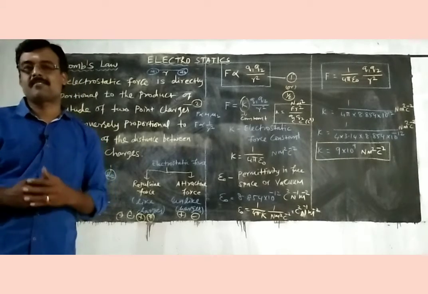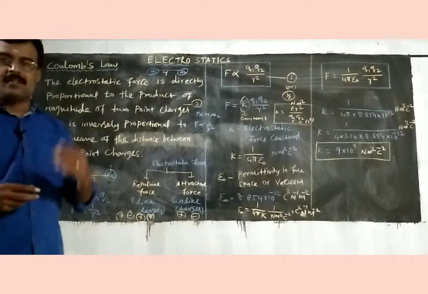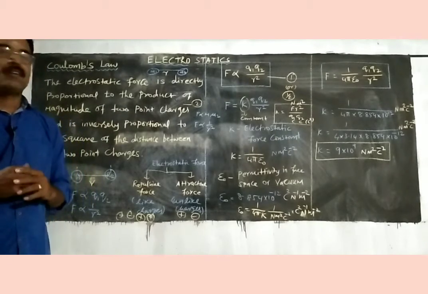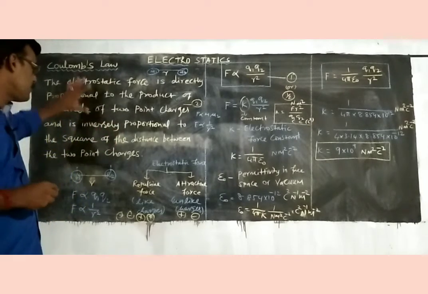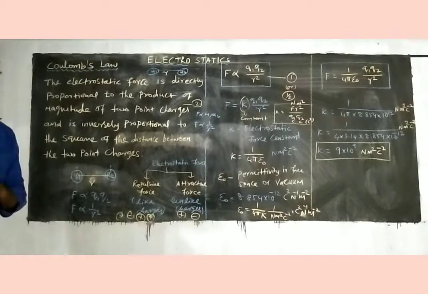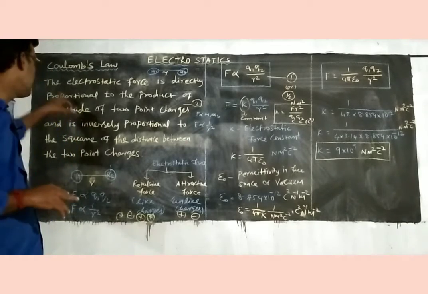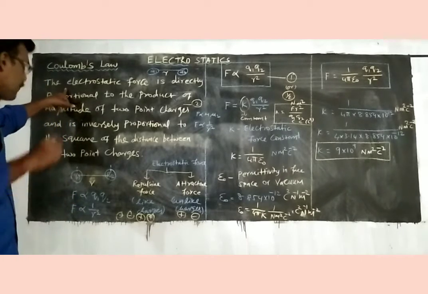In our examination, this is a 2 mark question. Coulomb's law is asked every time as a 2 mark question. You have to write about 6 lines properly, and then we can get 2 marks. Once again I am going to tell this law.